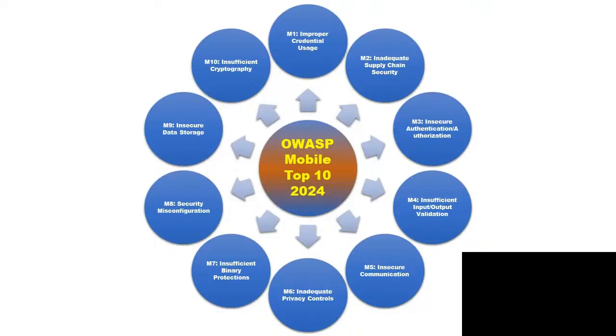They used to be called Open Web Application Security Project before, but now they are called Open Worldwide Application Security Project. We have OWASP Top 10 for mobile applications, for APIs, for web applications, I think for Kubernetes, and for other platforms. You can go to their platform to check these things out, right?